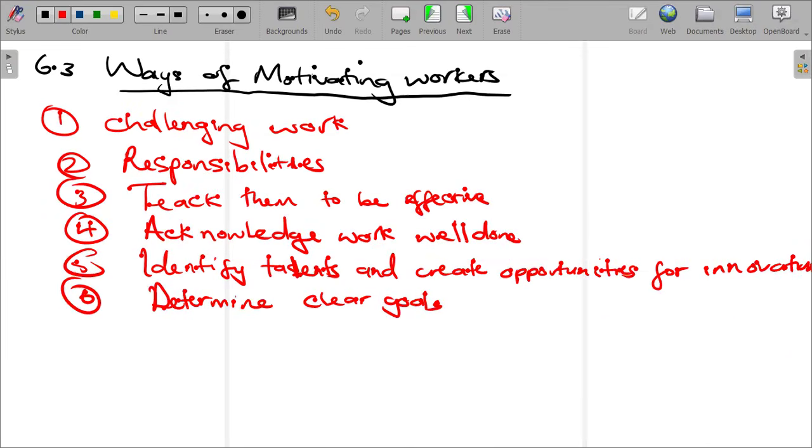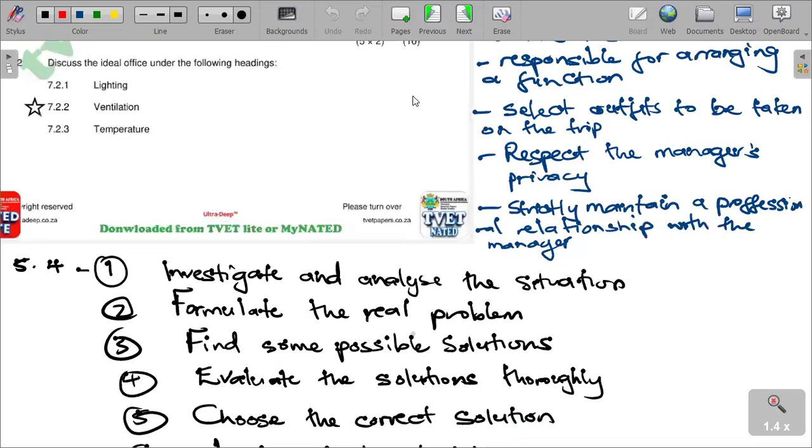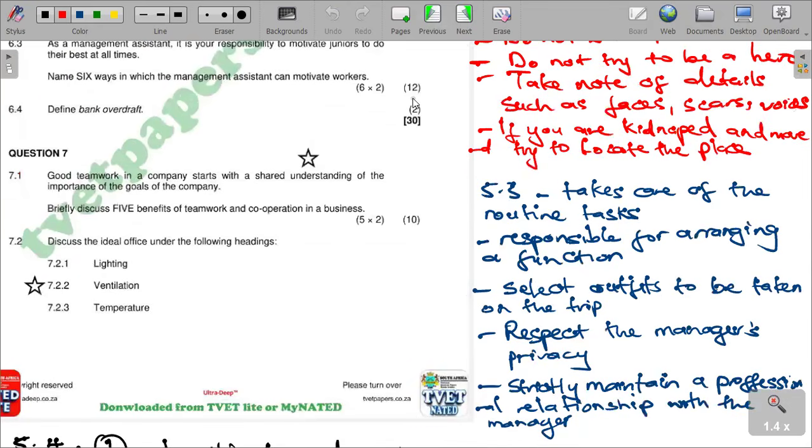Right. Let's move on to question 6.4. Define a bank overdraft. A bank overdraft is when you withdraw more than what is in your account. It is permitted when you are a current account holder.